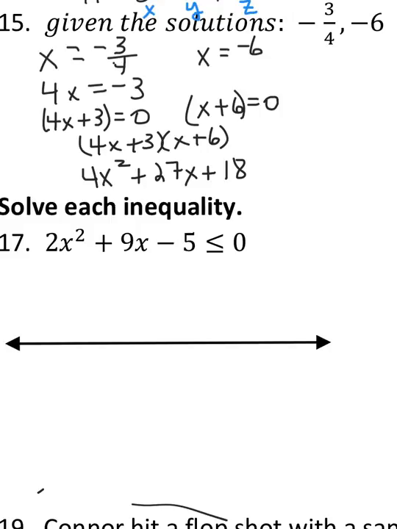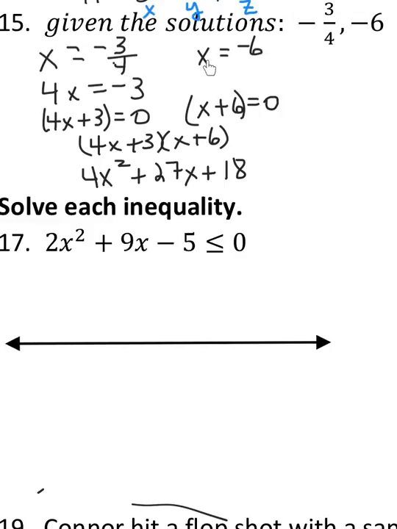Right here I have a 3/4. So to undo this and put it back the way it was before it became 3/4, I'm going to multiply both sides by 4, and I get 4x minus 3. And then I'm going to add the 3, so I get 4x plus 3. So this is the factor that gave me the solution of -3/4.